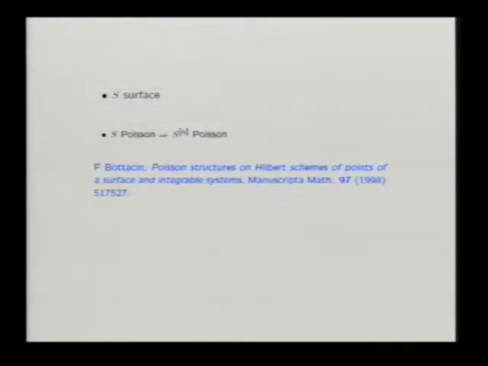It's easy to see why that should be true, because if you look at the product, before you take the quotient, of this surface S with itself n times, then in local coordinates you can just write this down. Here is a Poisson structure. Well, here is a tensor. It satisfies the integrability condition because these are independent variables.